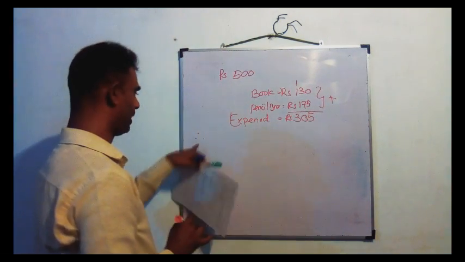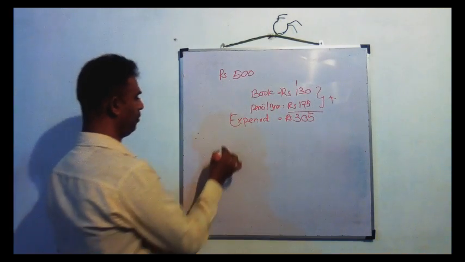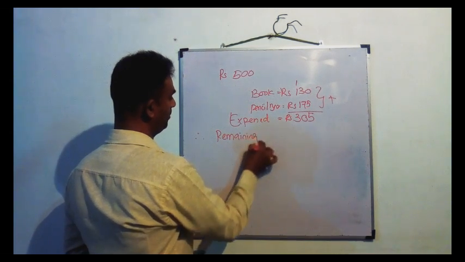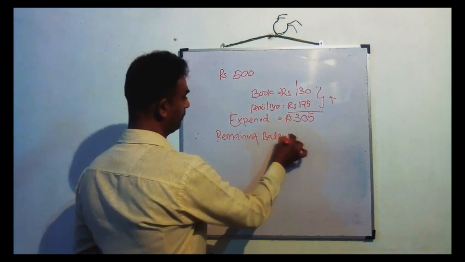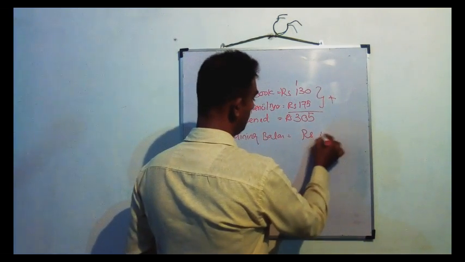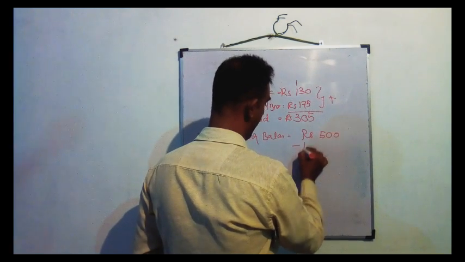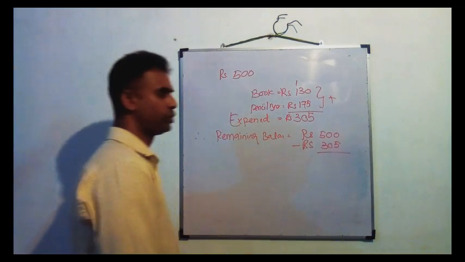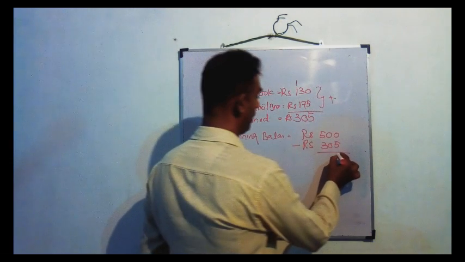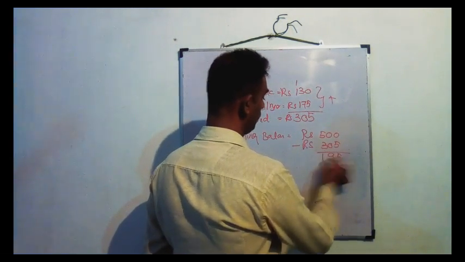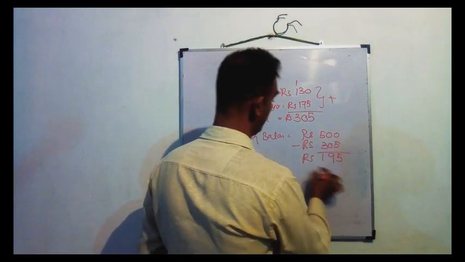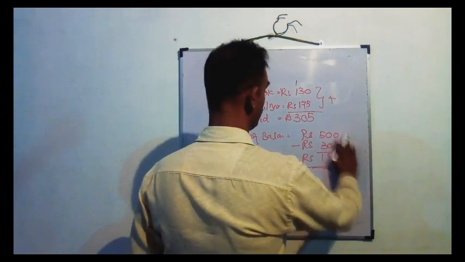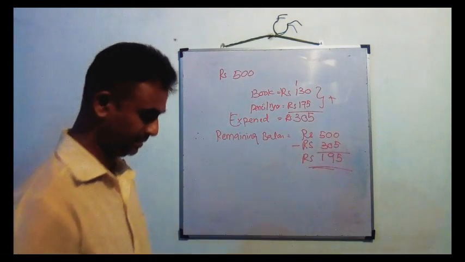Therefore, the remaining balance is rupees 500 subtract rupees 305. How much? 195. Rupees 195.